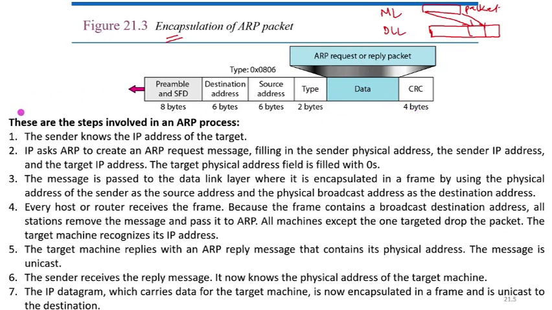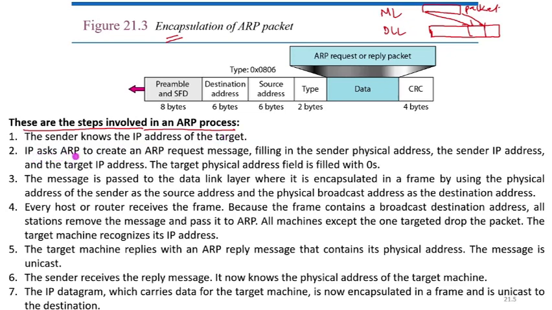Okay, so these are the steps involved in the ARP process. What is the complete process? These are the different steps given. First, the sender knows the IP address of the target. There are different ways through which it can find out the target IP address.